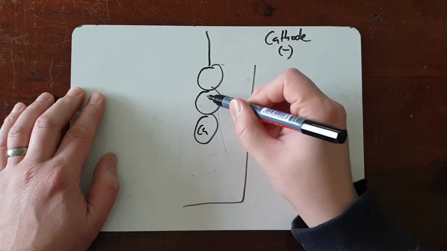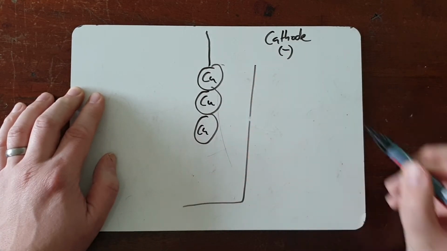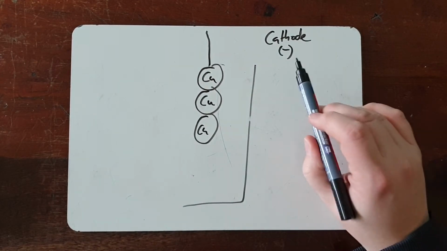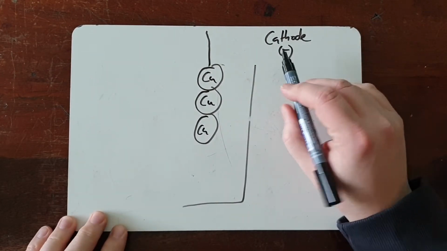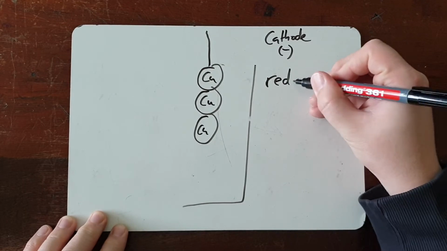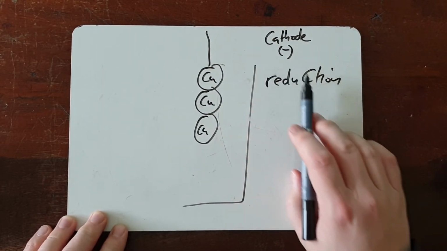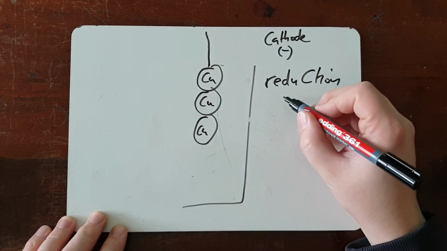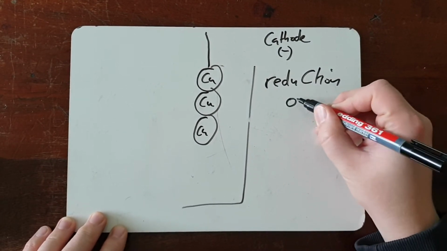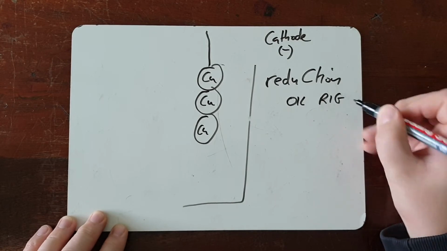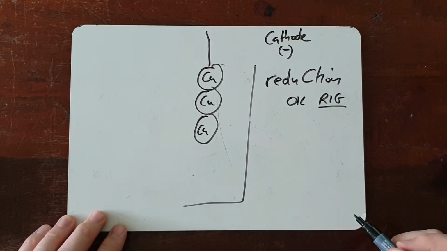So Cu, Cu, Cu. What happens at the cathode? Remember, cathode is reduction, easy to remember. Cuff cathode, cuff for reduction. If you remember back to OIL RIG, oxidation is loss, reduction is gain. So we need to be gaining electrons here.